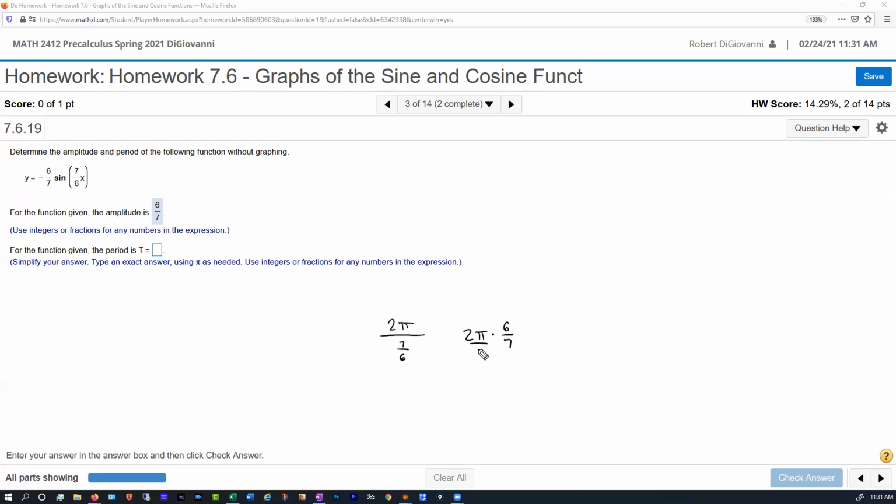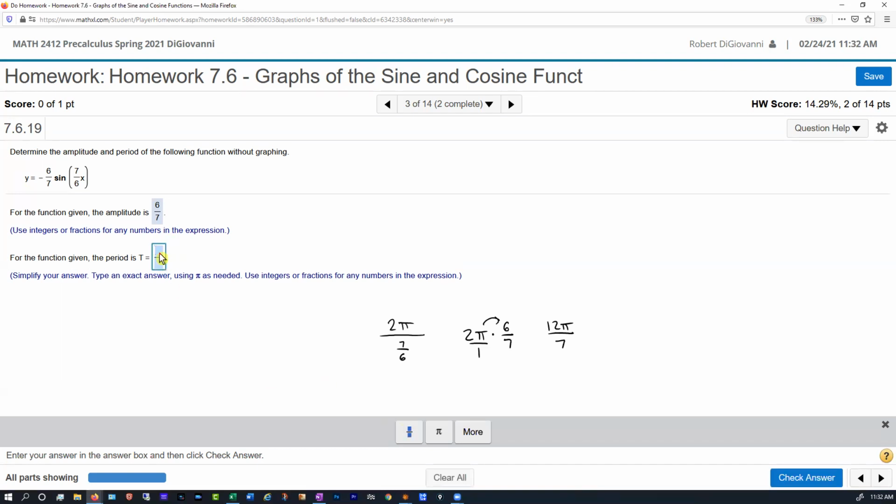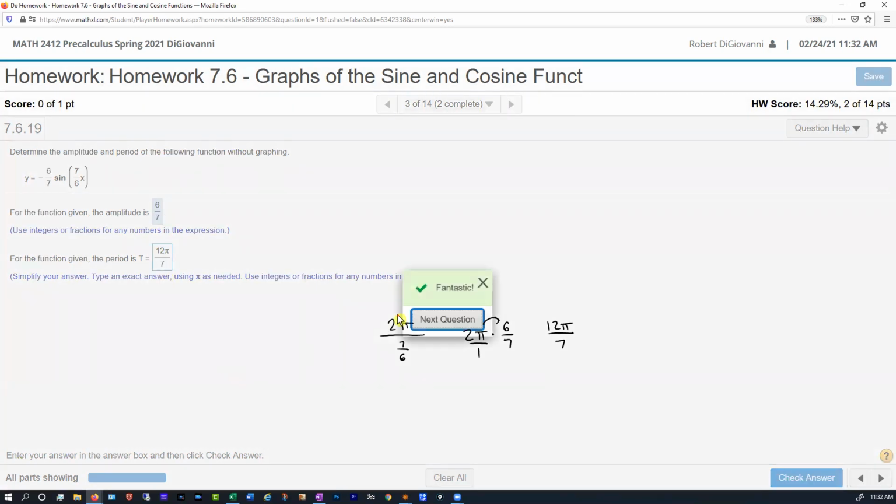And then just look at 2 pi as being 2 pi over 1 and multiply straight across. You get 12 pi, and then over the bottom, which is 1 times 7, which is 7. So we're going to have a fraction here. We're going to have 12 pi over 7.